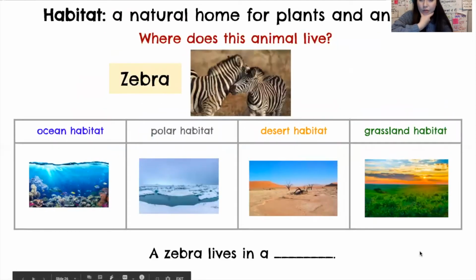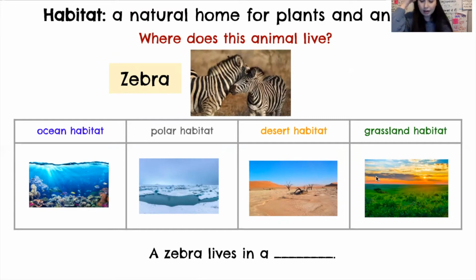Habitat, a natural home for plants and animals. Where does this animal live? This is a zebra. Where does a zebra live? An ocean habitat, a polar habitat, a desert habitat, or a grassland habitat?